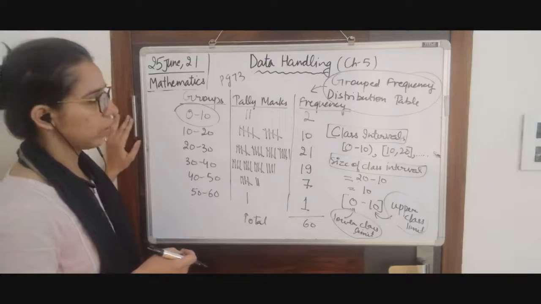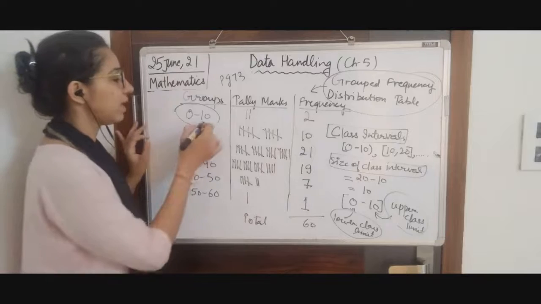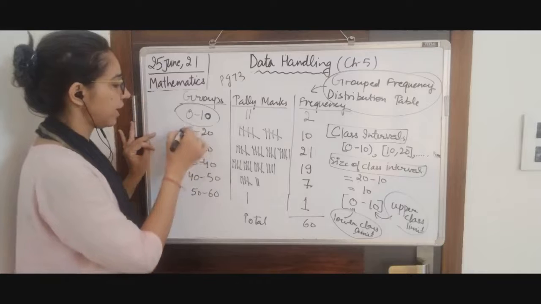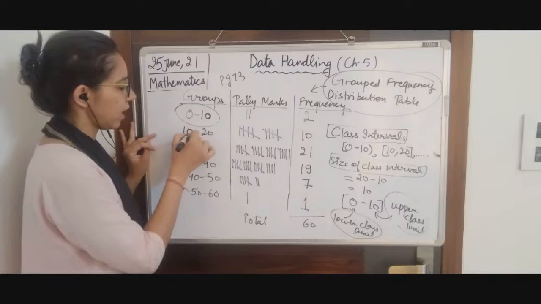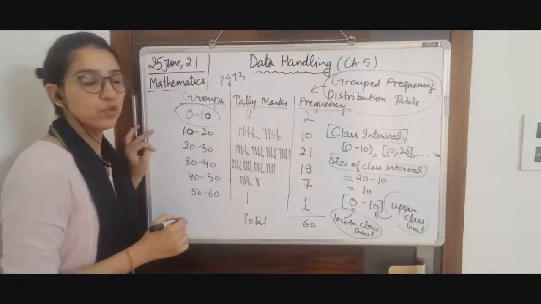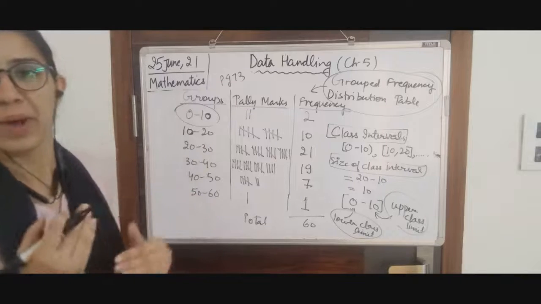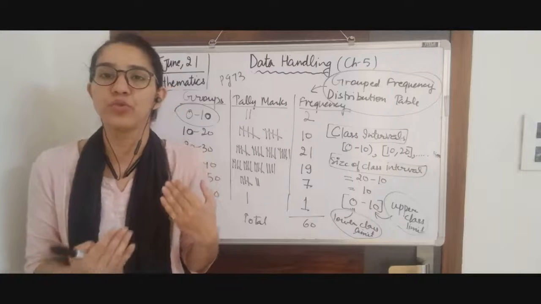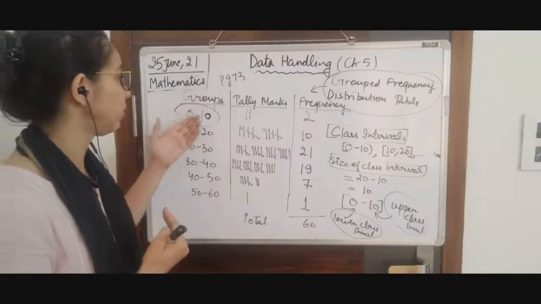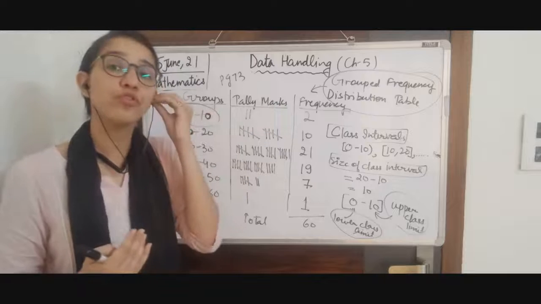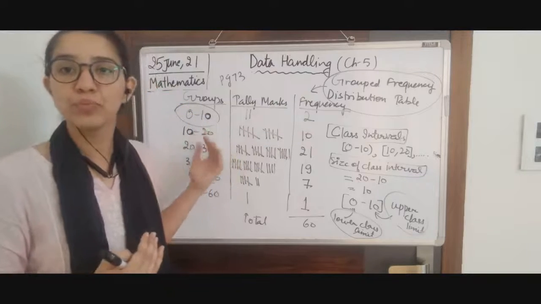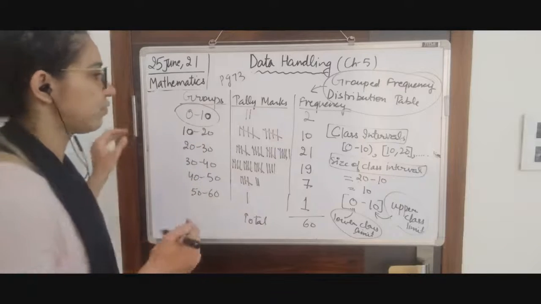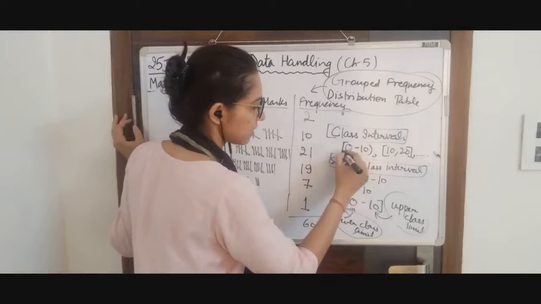Now one more thing, you will be wondering that 10 is present here as the upper class limit of this class, and 10 is also present here as the lower class limit of this class. So if a student has 10 marks, in which class interval are we going to put them? Here or here, or should we count them in both class intervals? To understand in which class we have to represent it, we have to understand this part.